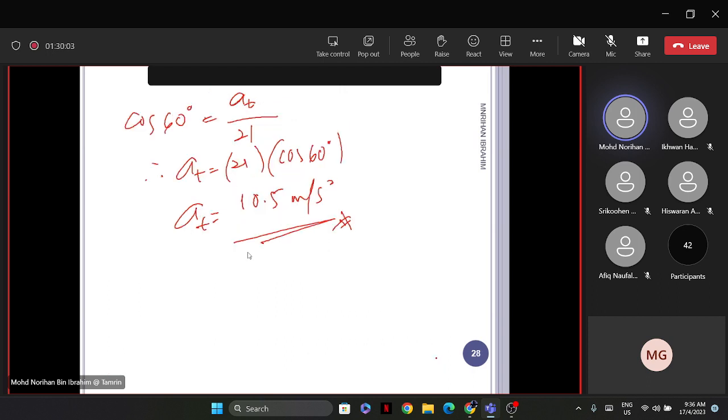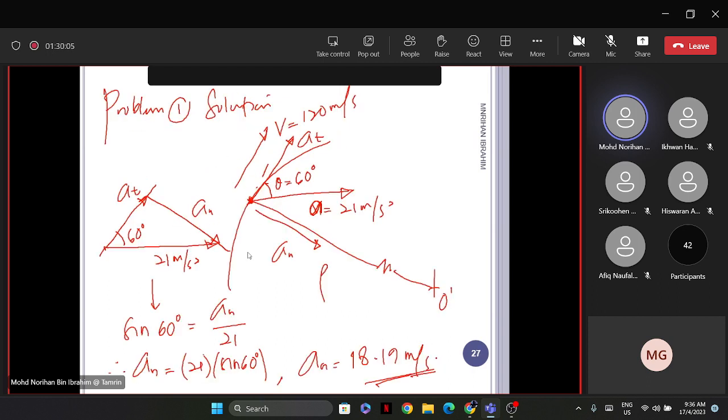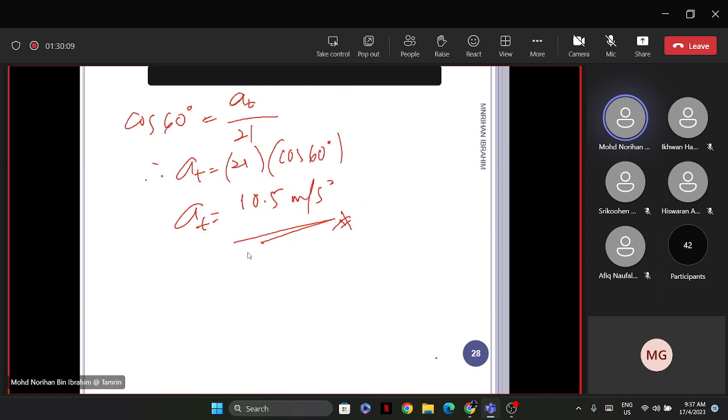So the next step is they ask you to find out the radius of curvature rho. We know that AN is equal to V square divided by rho.